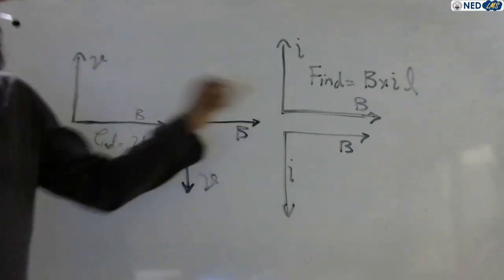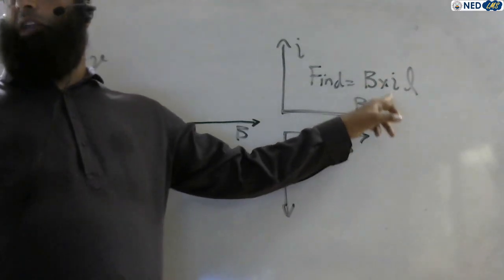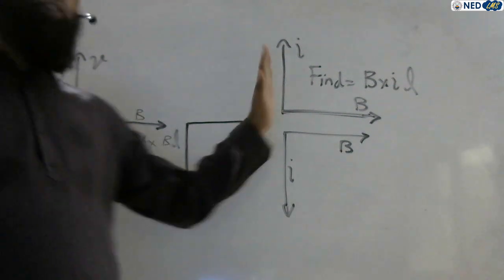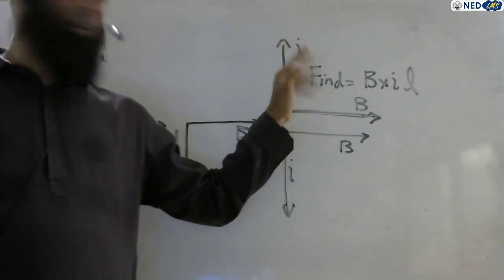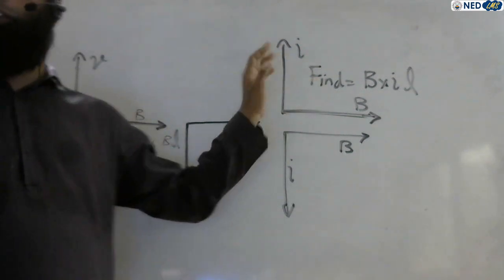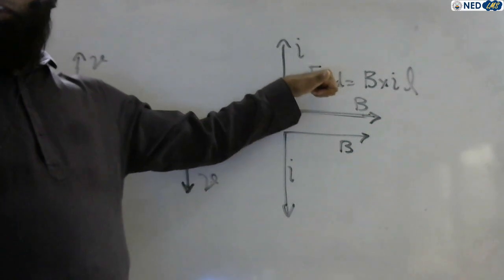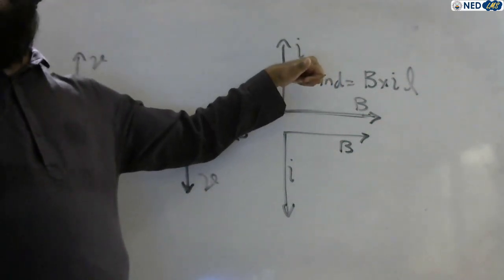Similarly, in motors, induced force is (I × B) times length of the conductor. So put your left hand, because it's the left hand rule, right? The first vector rotates towards the second vector, that is current towards magnetic field. So see, when current is upward, your magnetic field is like this, right?